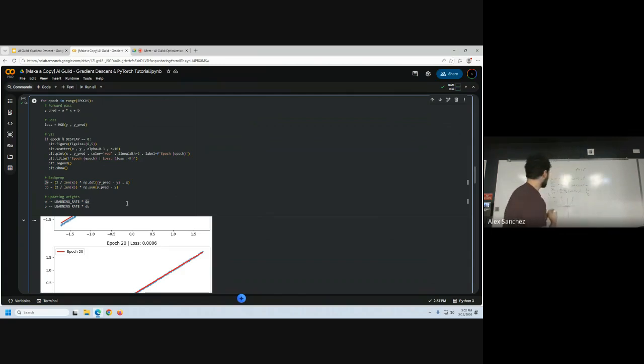So again, we have our weight right here. And here at this specific point in this graph, we have some slope. Let's say, I don't know, the derivative at this point, whatever, 2x.